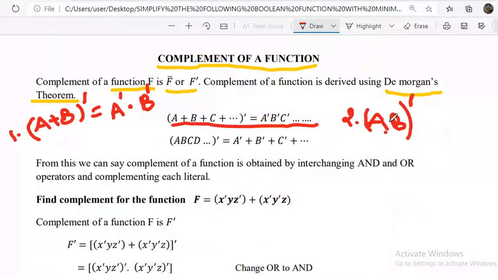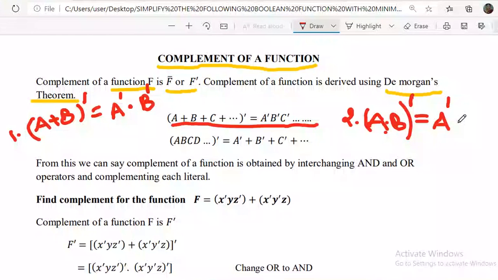With the same De Morgan's law, I have to break the whole bar and make individual bars, A dash, B dash. What I have between these alphabets is multiplication, so multiplication, the dot, will be converted to addition, or.